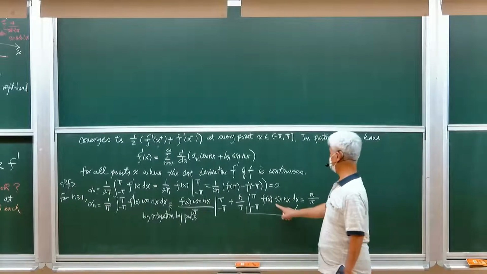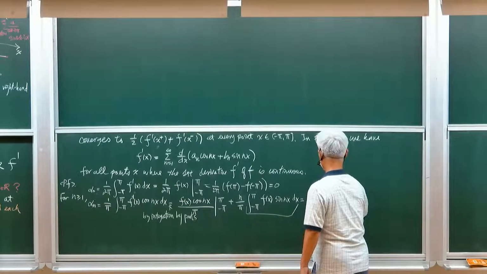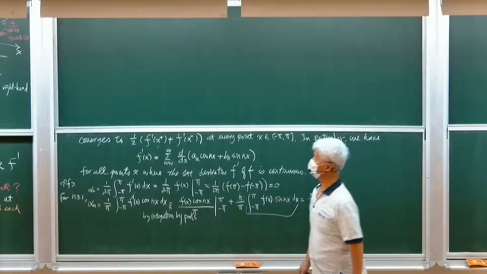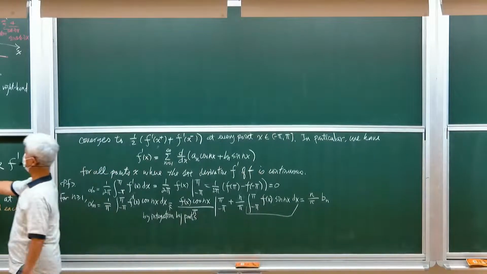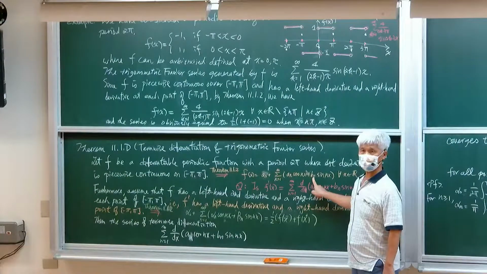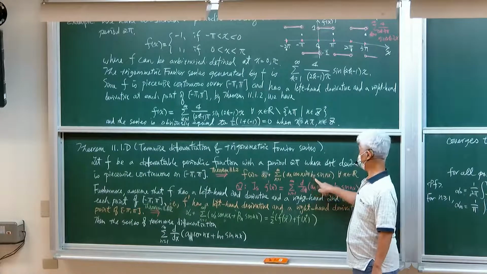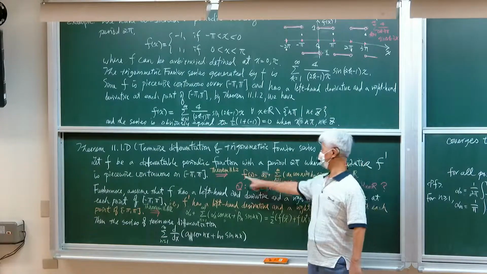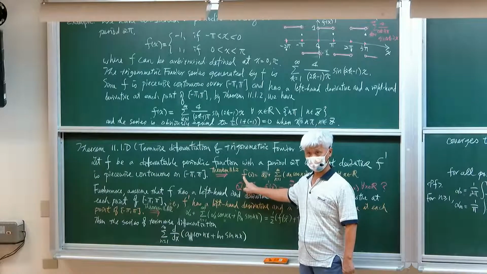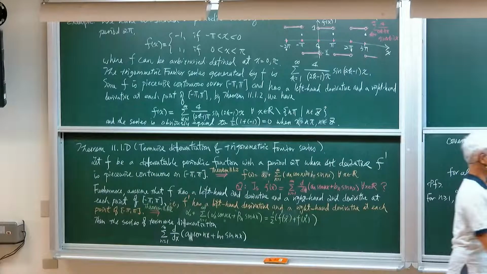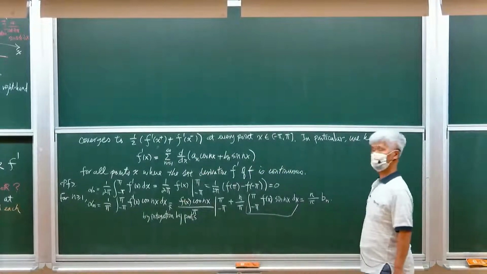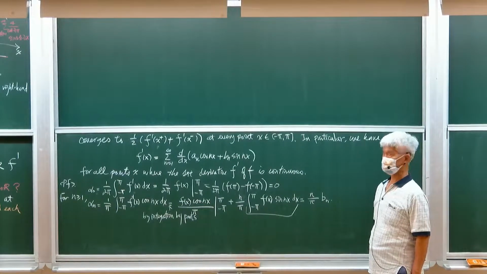This is just Bn, right? The coefficient in the trigonometric Fourier series generated by the original periodic function f. Okay, so this is Bn.